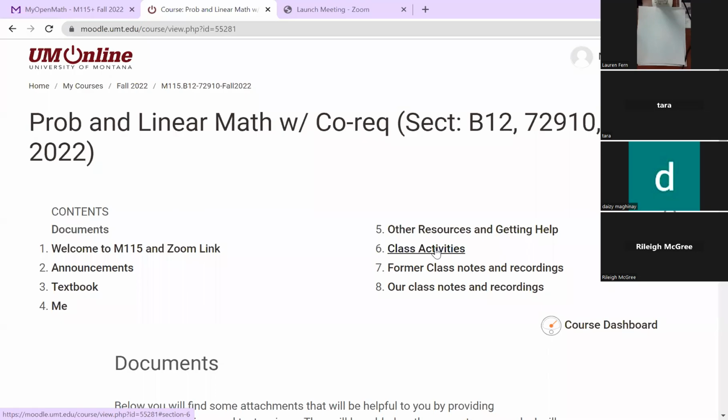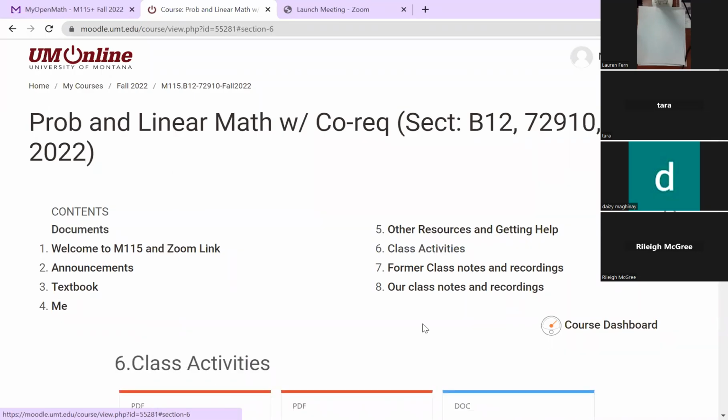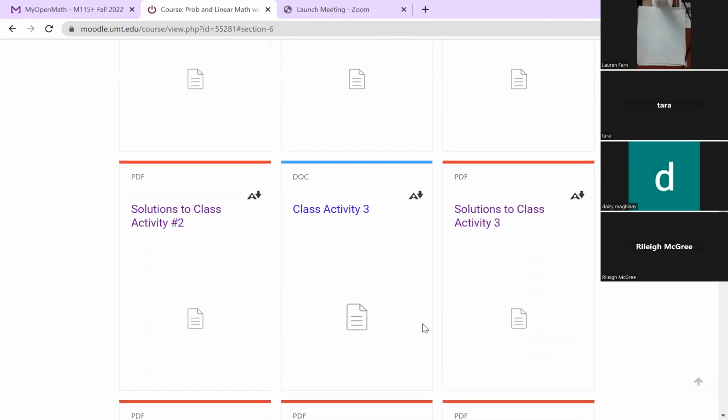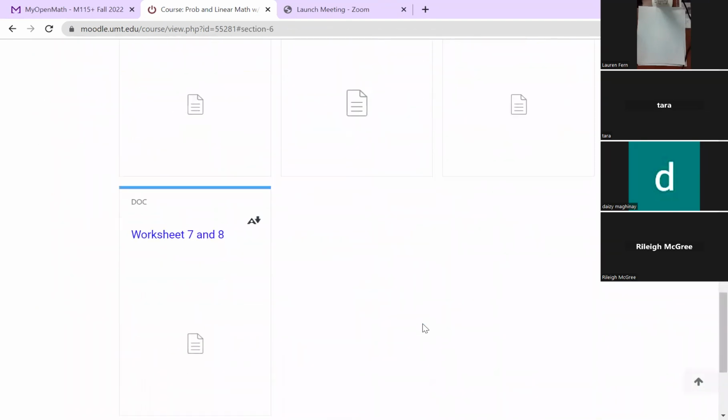Last but not least, on the class Moodle page, which I'm sharing with you right now, you should be able to see class activities, and worksheet 7 and 8 is now available.